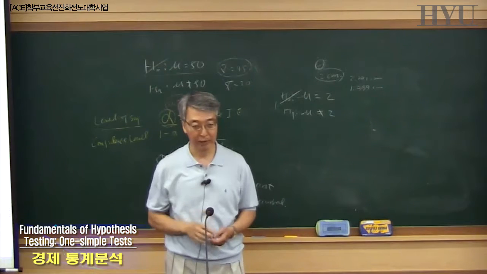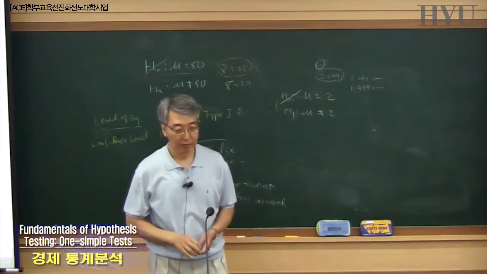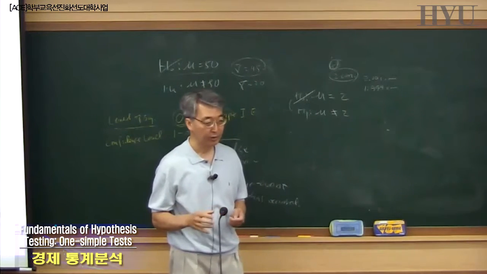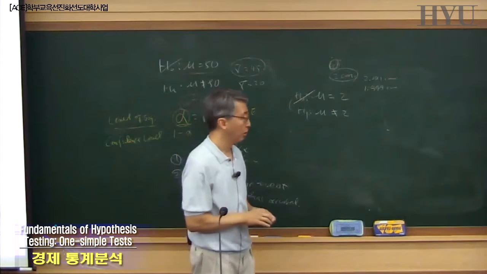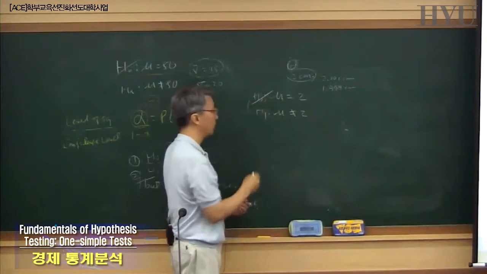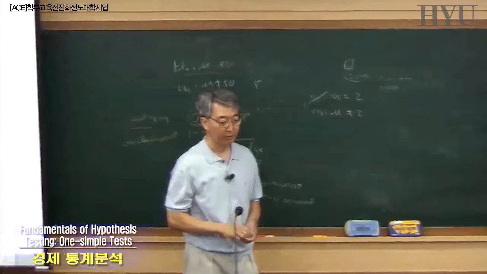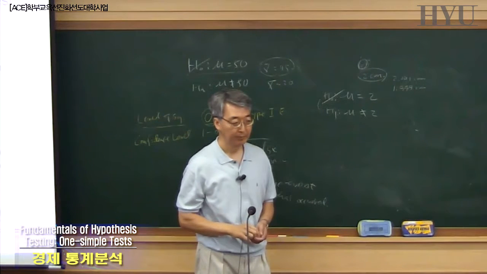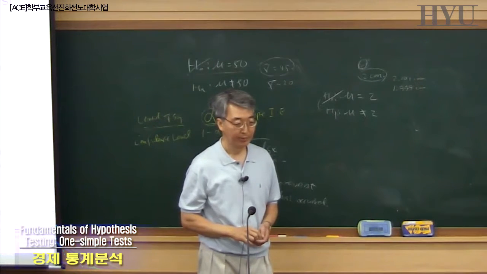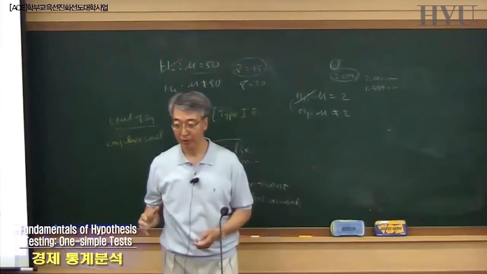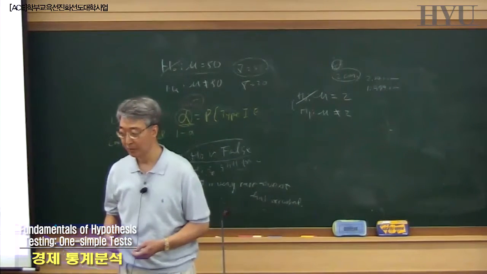you are the production manager, right? You found out, based on the batch of samples you just produced, you end up rejecting this null hypothesis. What does that mean? What should you have to do? Do you understand the example, the story I'm telling you?